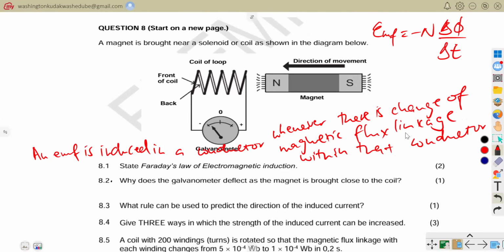So whenever in a conductor there is change in the magnetic flux linkage, there is going to be an induced EMF. That is what Faraday's law states.